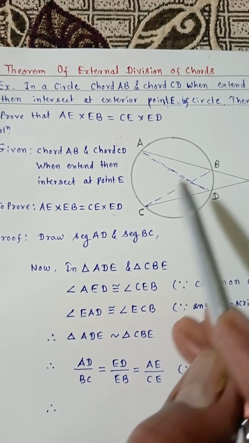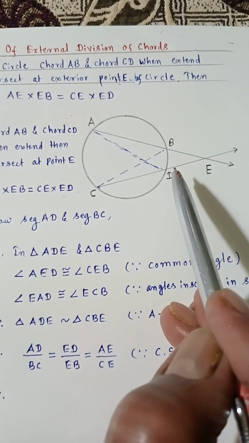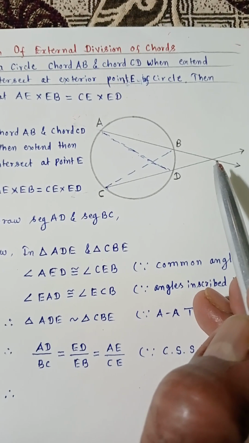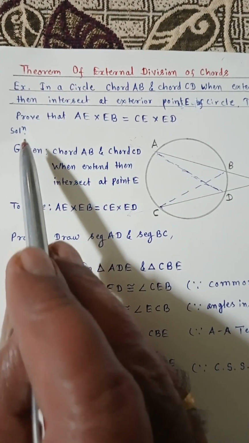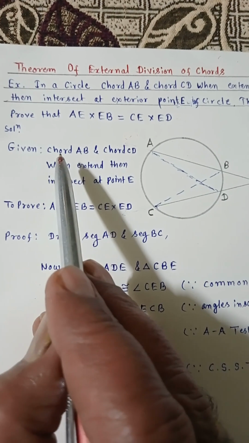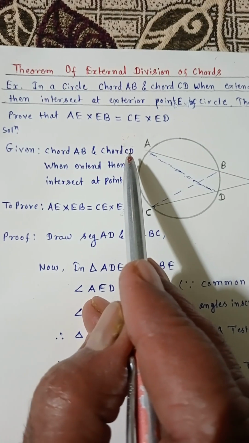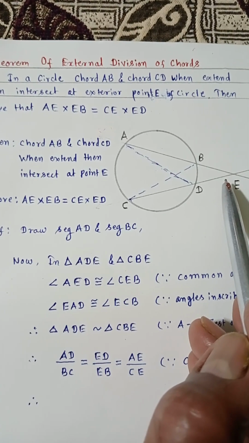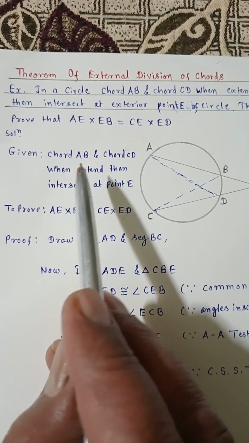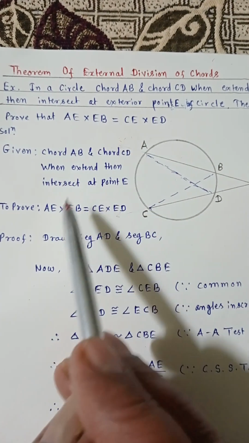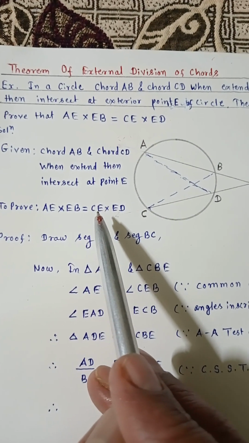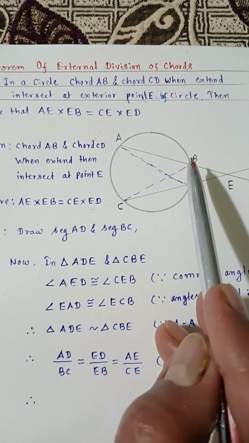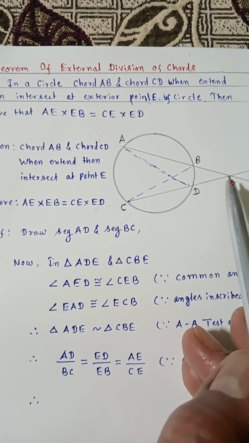Chord AB and chord CD, when extended, intersect at point E. In the solution given, chord AB and chord CD, when extended, then intersect at point E. To prove, we have to prove that AE into EB is equal to CE into ED.